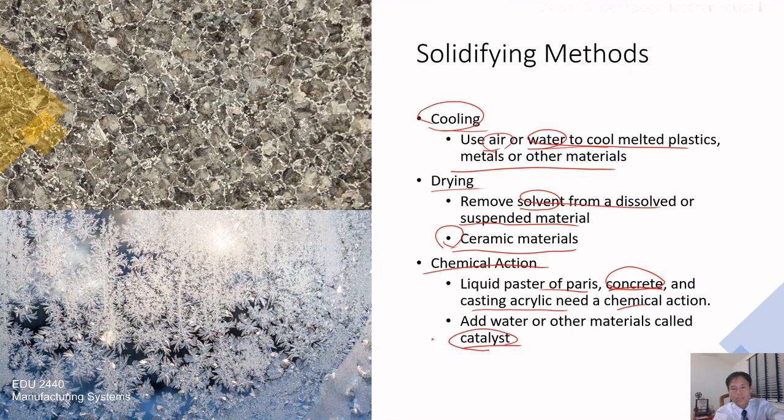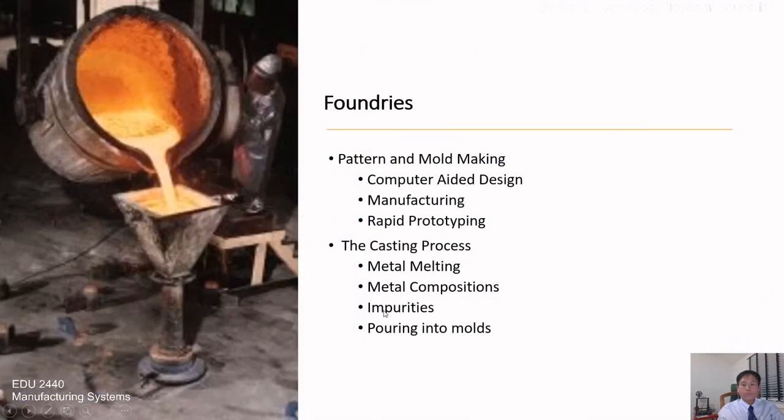So this is the third type of solidifying method. But in most cases, once the chemical action has started, we can't stop it. So that's why we should be very careful. So, yep, this is the solidifying method.